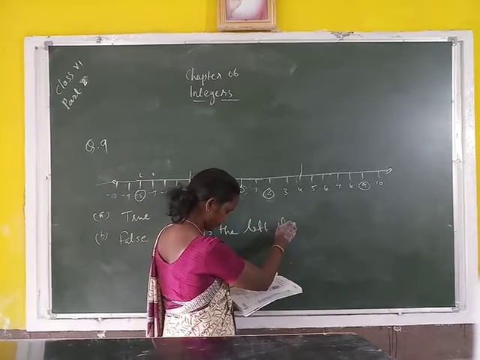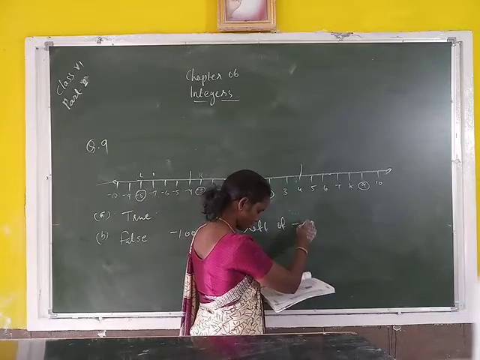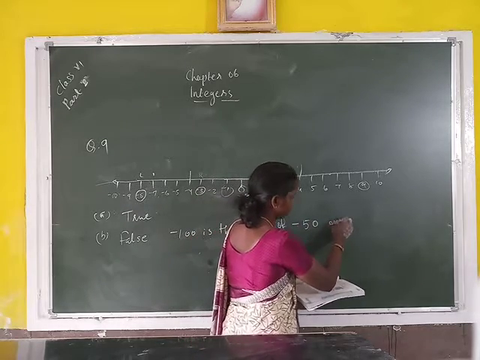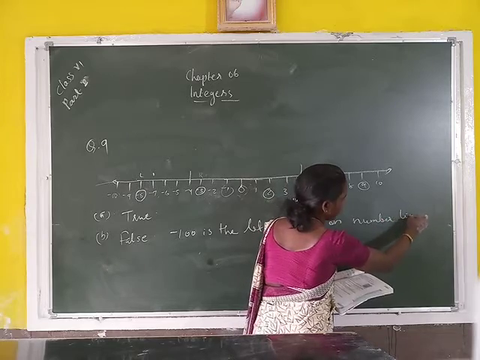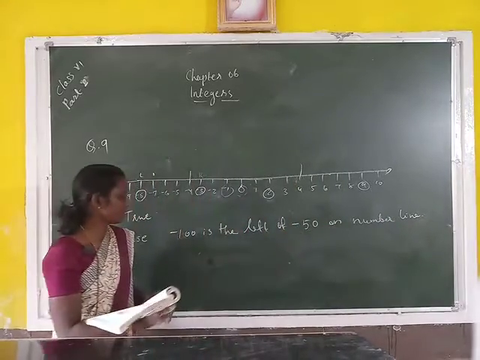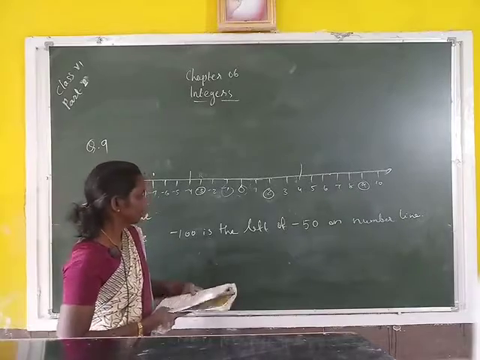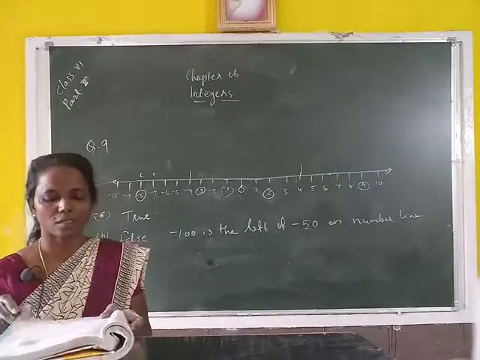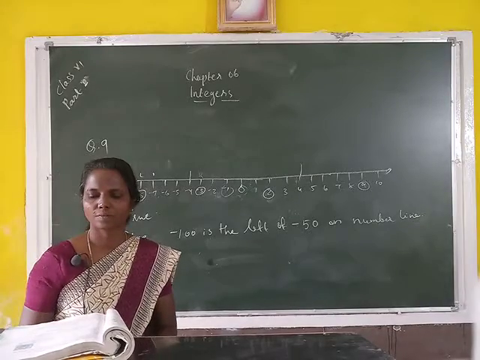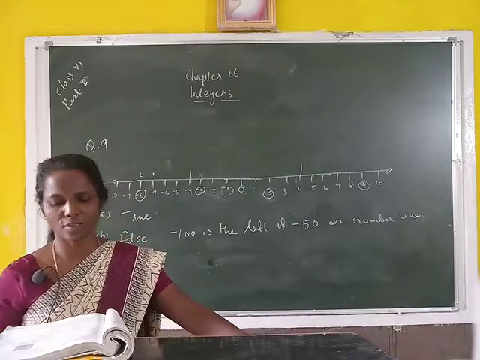Negative 100 is to the left of negative 50 on a number line. Or you can write negative 50 is to the right of negative 100.